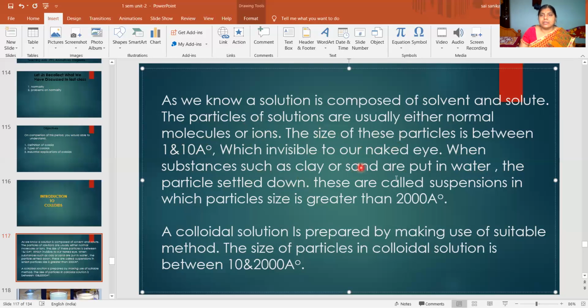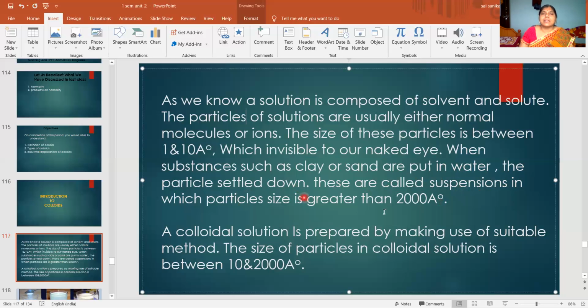If you take water in a glass and keep clay or sand in it, the clay or sand will go and settle down at the bottom of the glass. These are called suspensions. They won't dissolve; they will remain as they are and settle at the bottom. They are given the name suspensions because they are suspended in water.